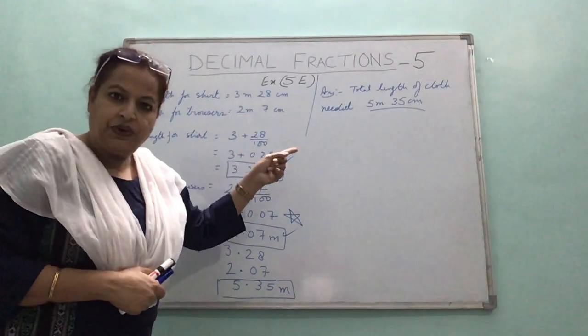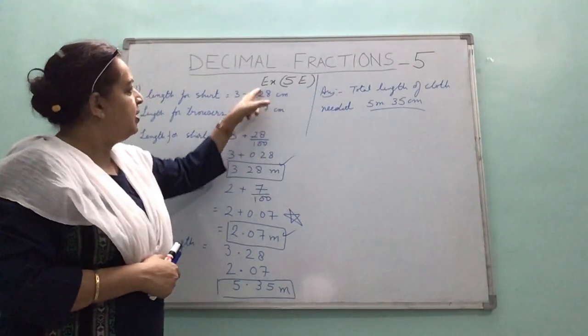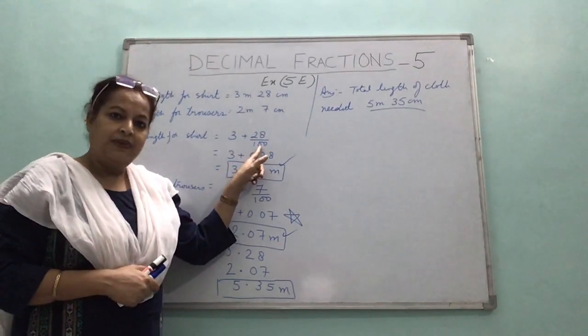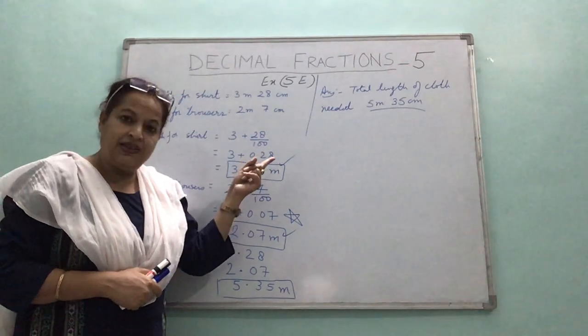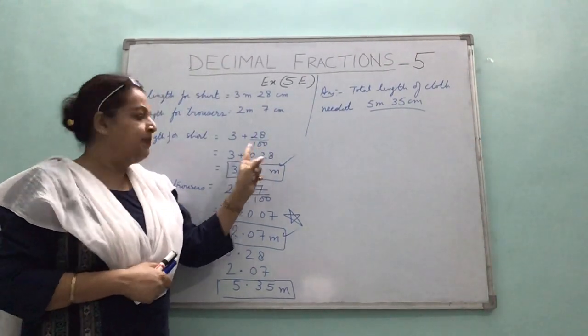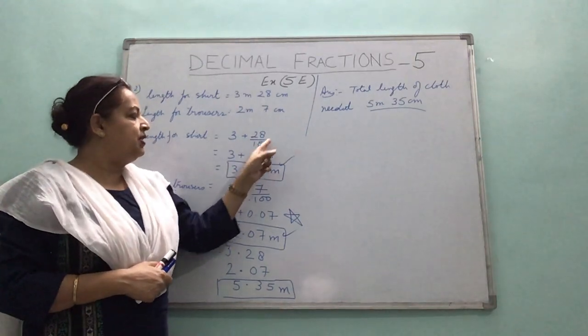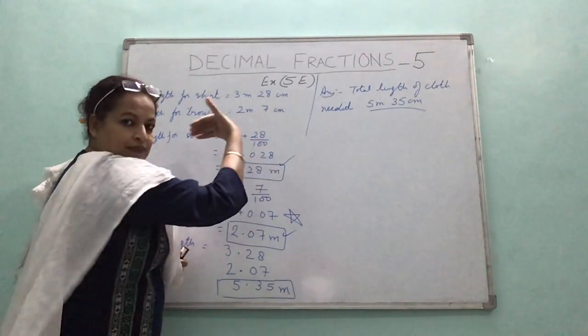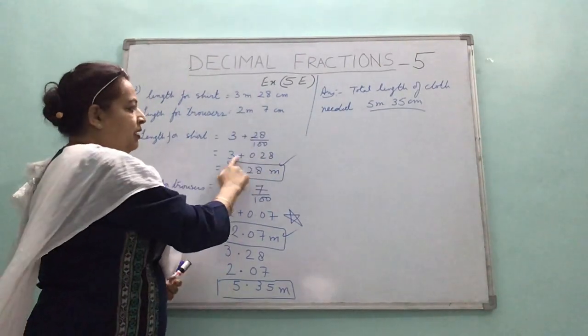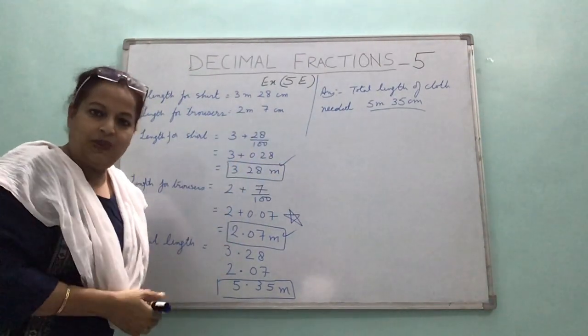As I have taught you in unit conversion, to convert centimeter to meter we divide by 100. Because it is 3 meters plus 28 centimeter, we divide 28 only by 100. We get 2 zeros, so we shift from right to left. So 2 places, 0.28, 3.28 meters.